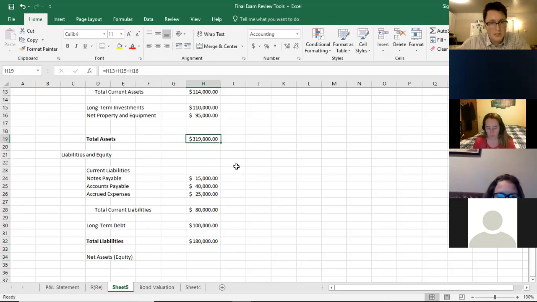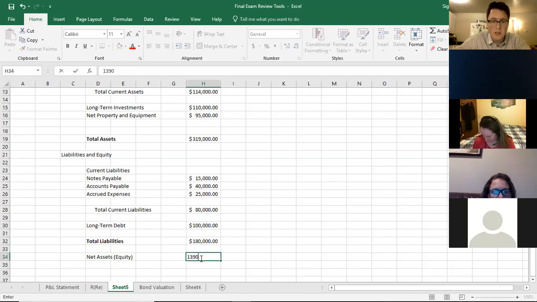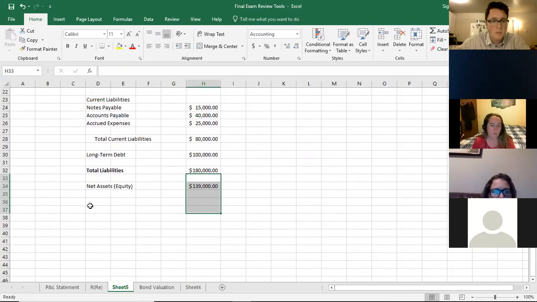Because remember, assets equals liabilities plus equity. So what we can do here then is maybe we've got 180,000, and then we need to add another 139,000. It looks like in equity. Let me get some dollar signs here.